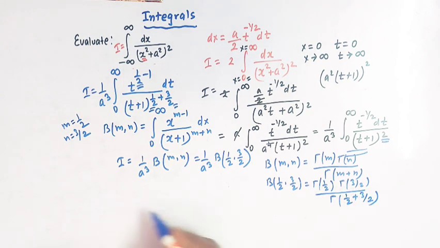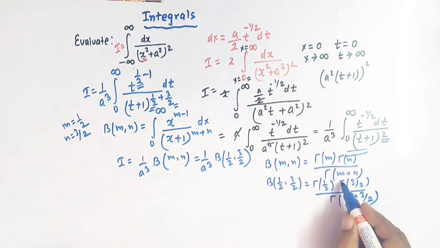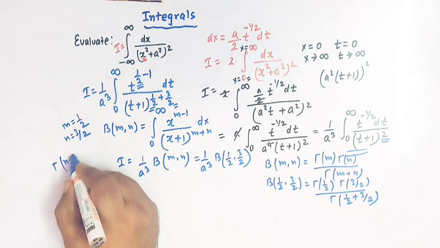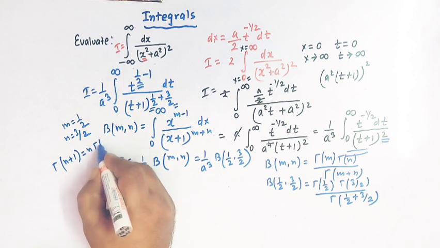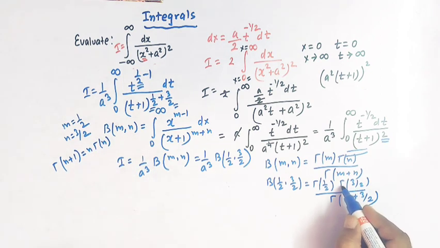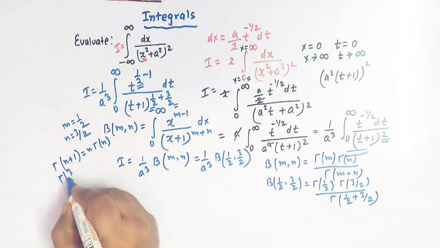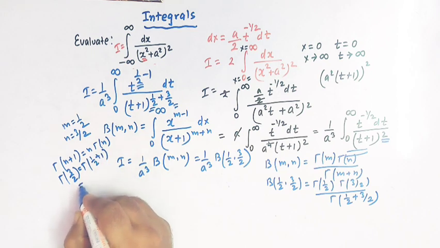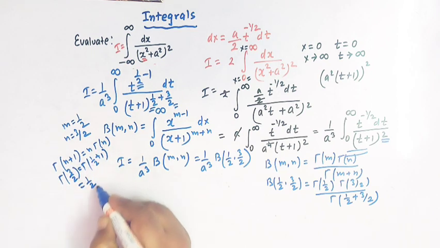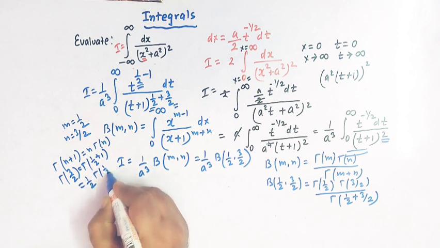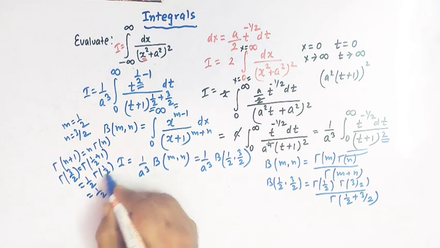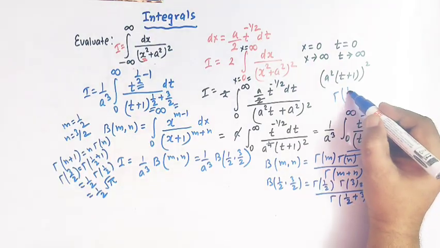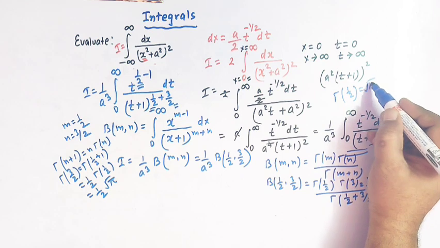So now see, we have one important relation in the gamma function, which says that gamma of (n plus 1) is equal to n times gamma of n, right? So gamma of 3 by 2 can be written as gamma of (half plus 1). So this is half, because n is half, so we have half times gamma of half, right? And gamma of half is square root of pi, right? Because we have gamma of half is equal to square root of pi.